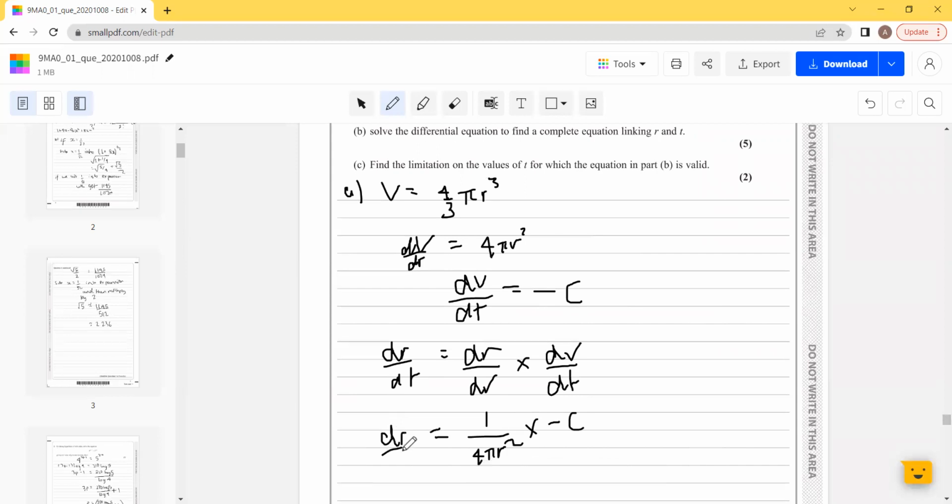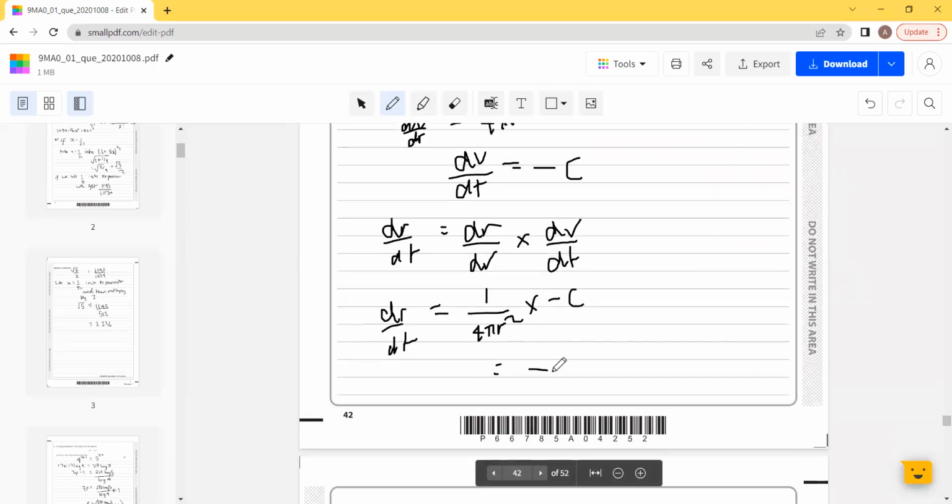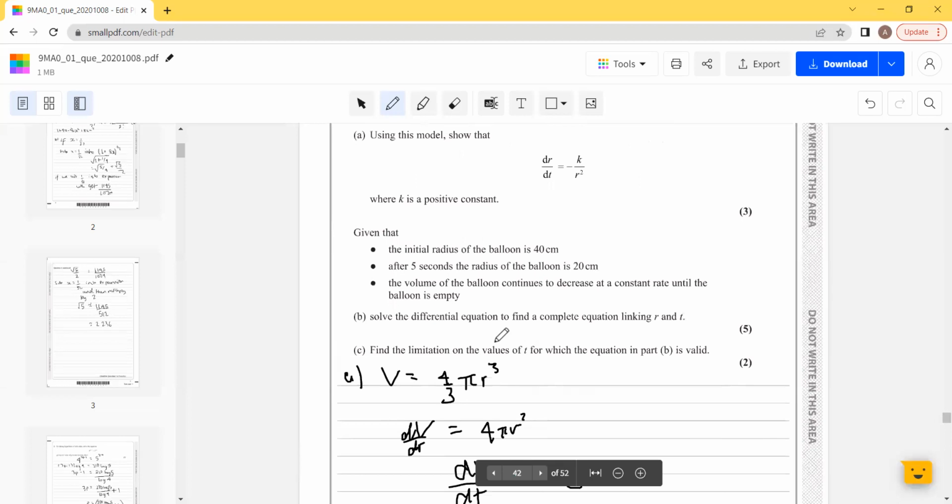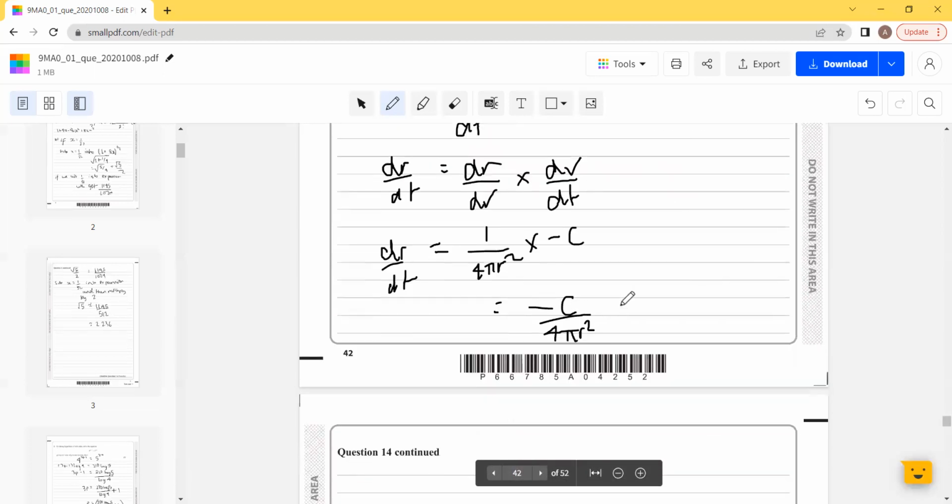Okay, dr by dt, which is minus c over 4 pi r squared. And I'm not sure how we're meant to lay this out. Okay, no, I can just say, which is equal to minus k over r squared.